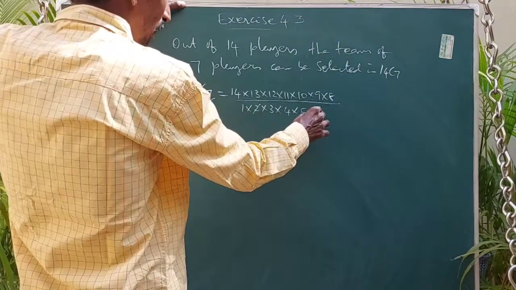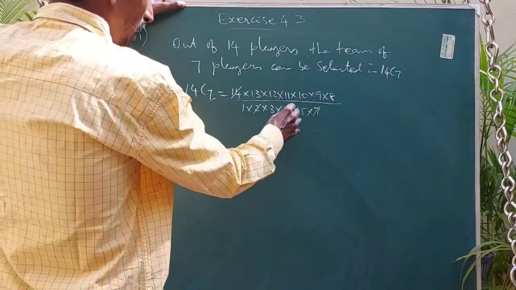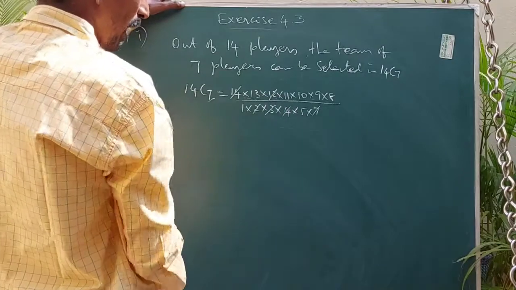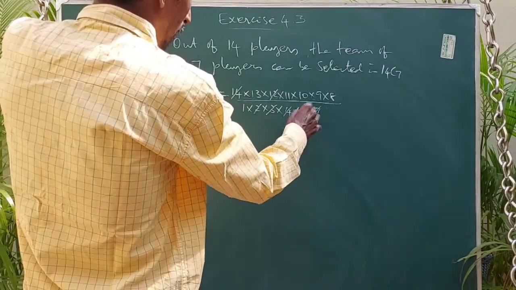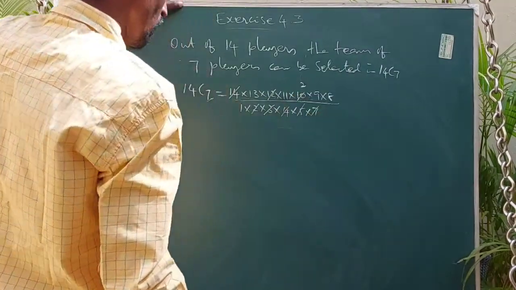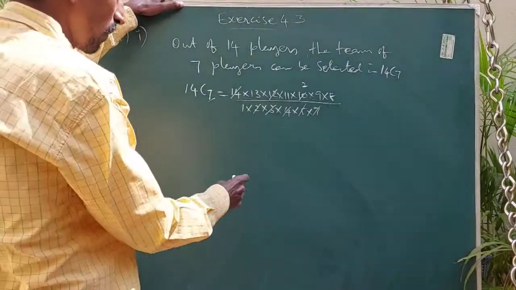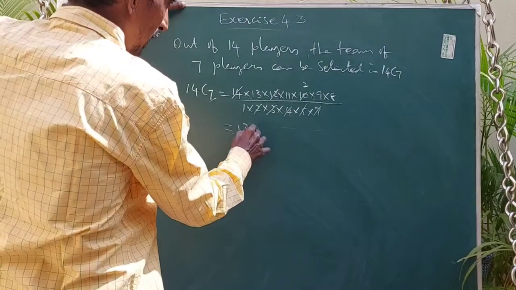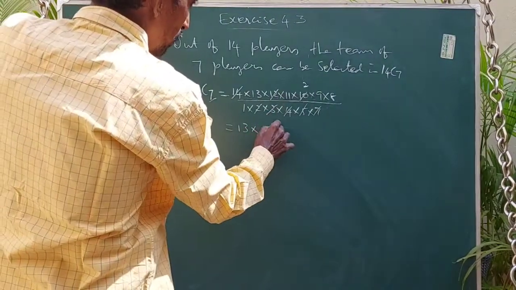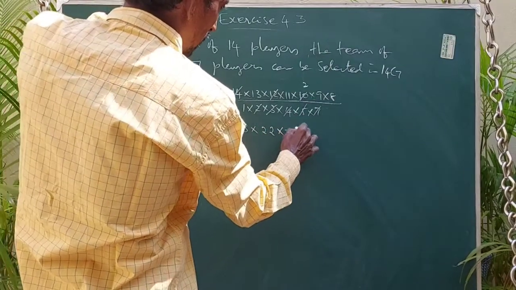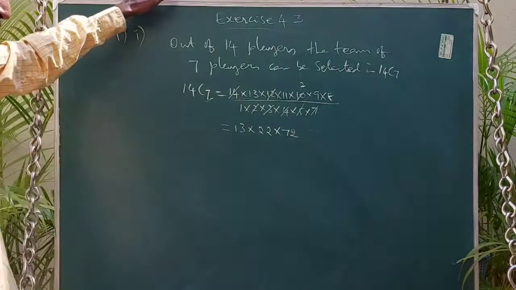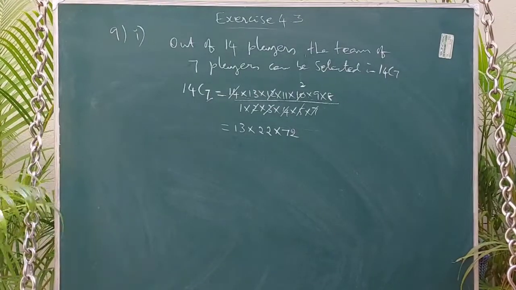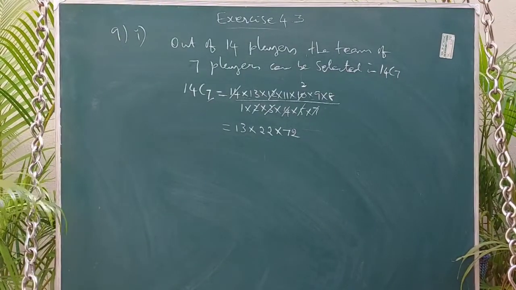So 7 and 2 with 14 cancel, and 4 and 3 with 12 cancel. And 5 here 2 times. So what are the values remaining? 13 into 22 into 9, 9 8s are 72.